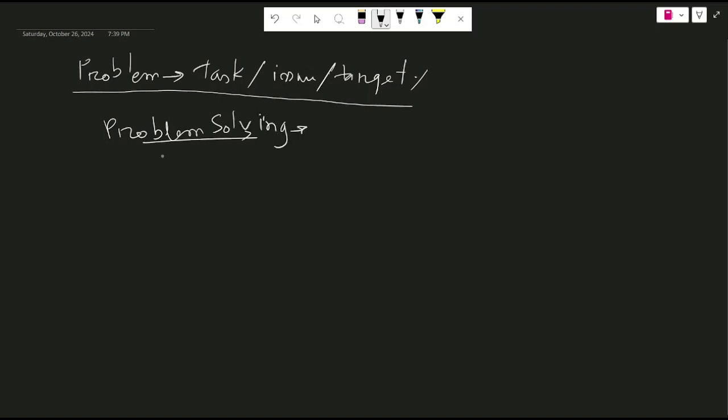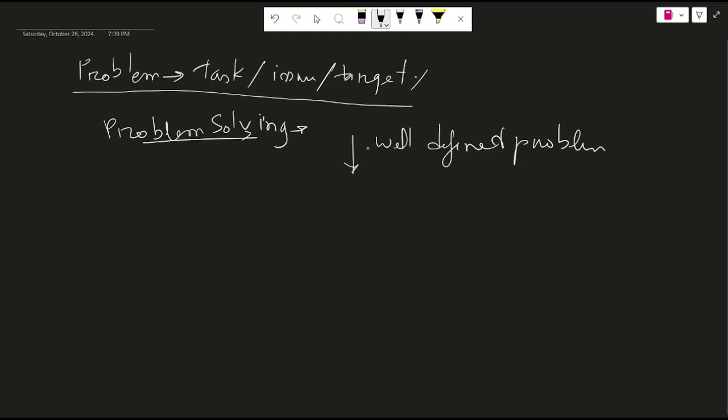There are different kinds of problems, and we can categorize them into two types. One is a normal problem, which has a lot of confusion regarding the problem, and one is a well defined problem. A well defined problem is one through which we can understand a question better and more clearly.